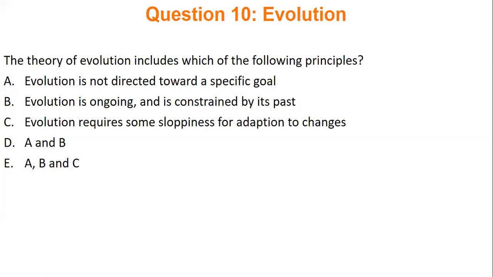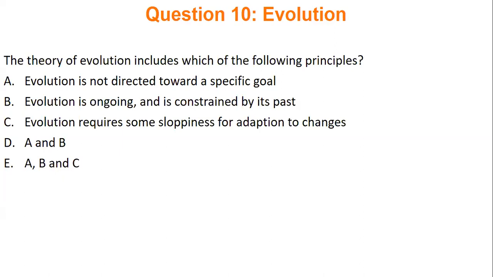So there is no goal. Evolution is continuously moving on based on what pressures you see in your environment. The fittest members of your population will pass on their genes and your population will evolve to meet those challenges. It is ongoing, so it is continuing to go.